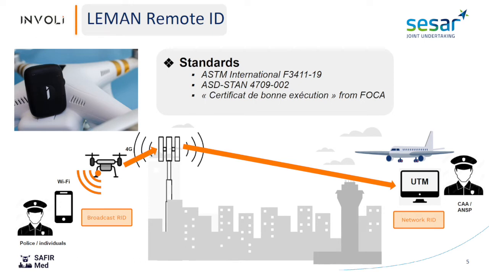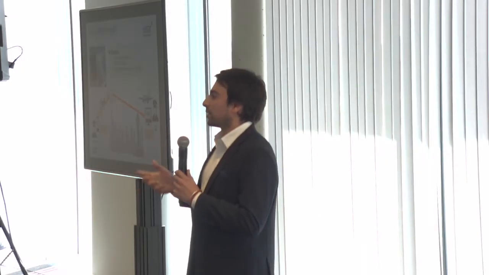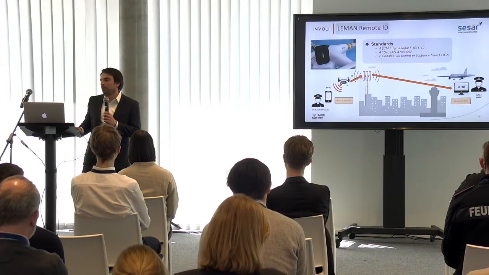First, network remote identification, which will allow every drone to be recognized through the system it is operated with, and the authority will have access to all the important data about the drone, its mission, its owner, etc. And we also have Wi-Fi broadcast remote identification, that will allow anybody physically present to interrogate the drone with a device like a phone, using an open app or specific receivers, to directly ask the drone what it's doing here, who it belongs to, what its mission is.